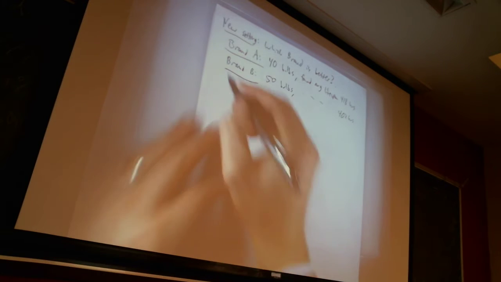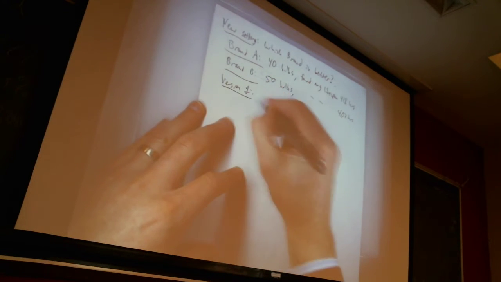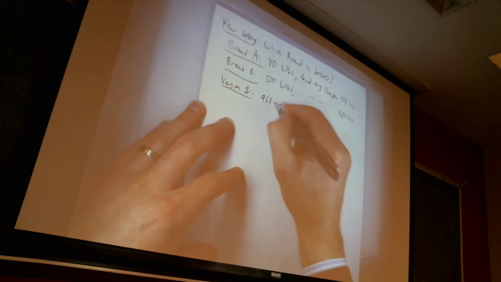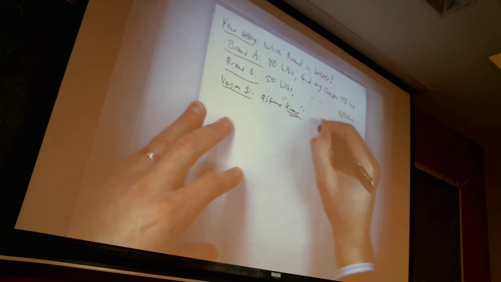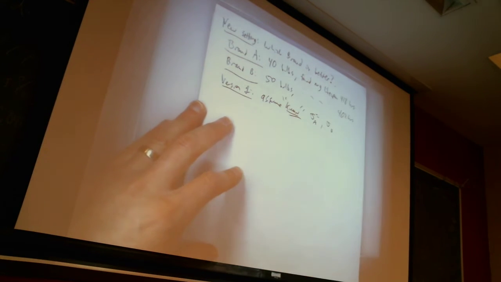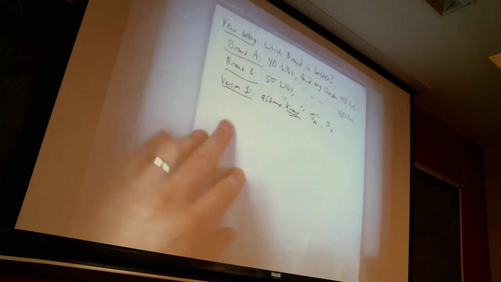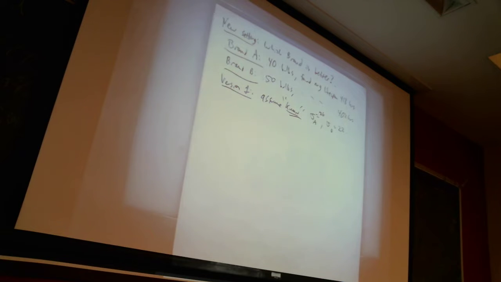Okay? So version 1, assume you know the variance of the 2 light bulbs, and for the first light bulb the variance is 26, and for the second light bulb the variance is 22.